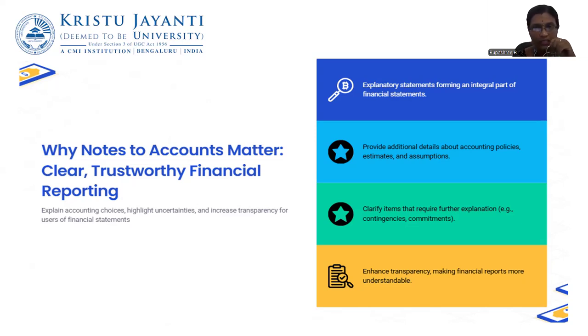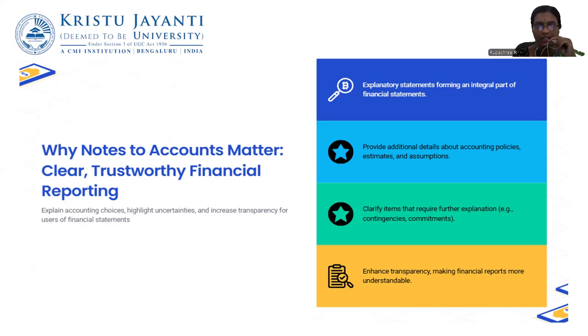It also helps us in providing an explanatory statement for forming an integral part of the financial statement, and also provides additional details about accounting policies, the estimations made, and majorly the assumptions that are noted down while preparing these financial statements. These notes to accounts also matter a lot because they provide clarity in the items that require financial explanations.